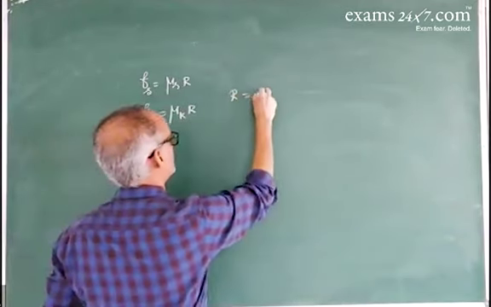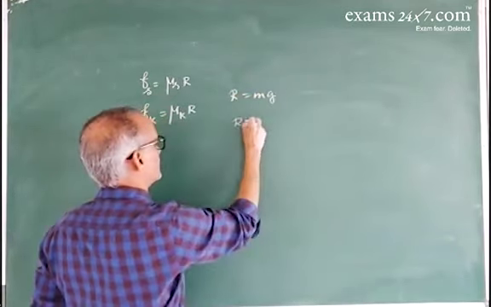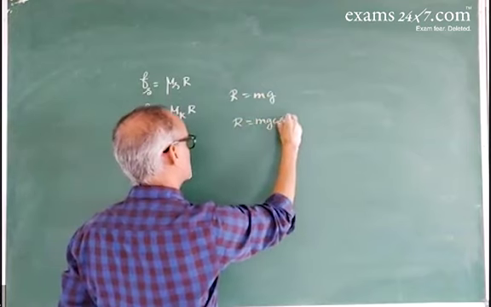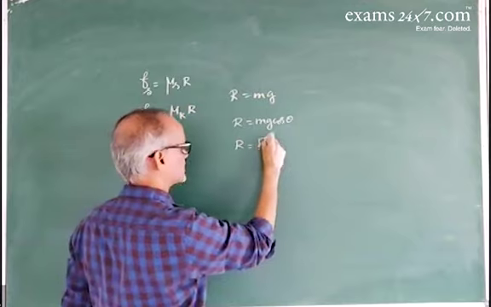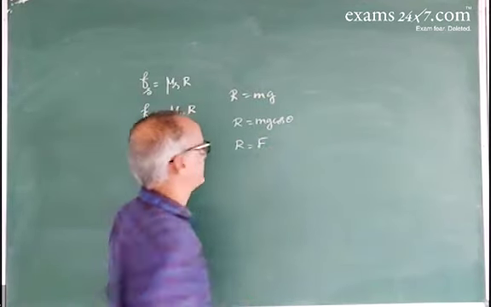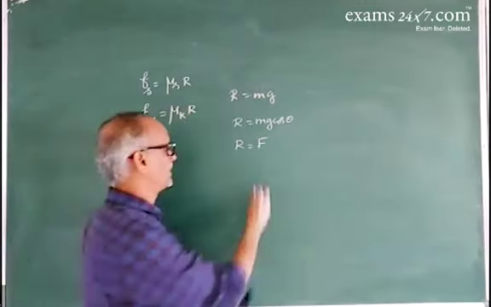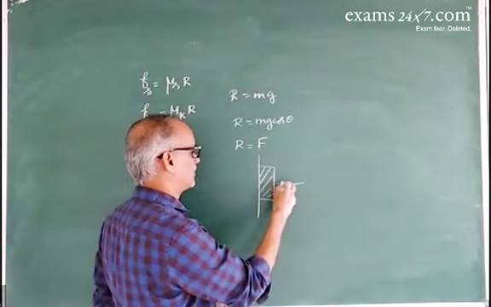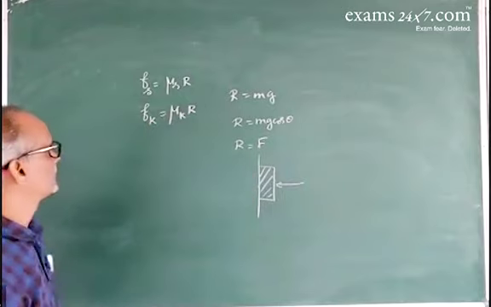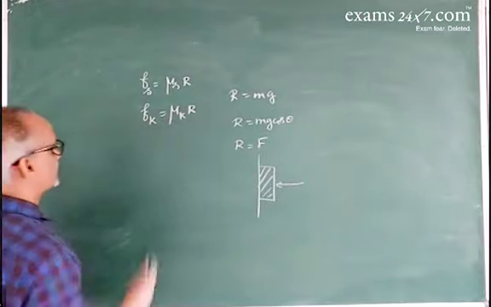R is equal to mg on a horizontal surface, R is equal to mg cos theta on an inclined surface, and R is equal to the force applied when the body is placed on a vertical surface. So Fk is equal to mu k R.